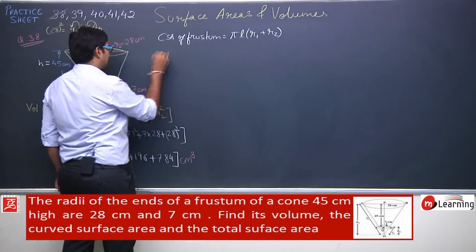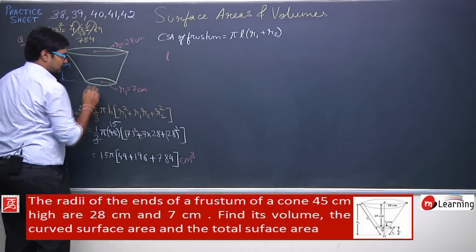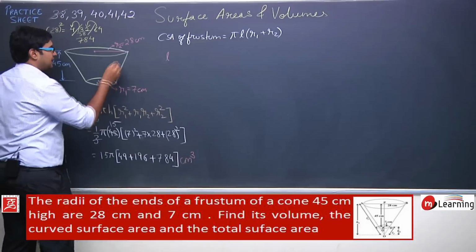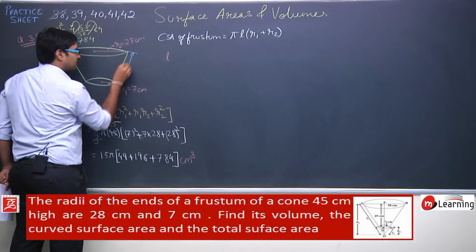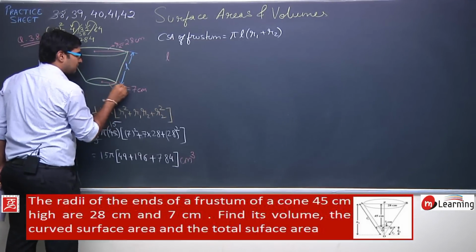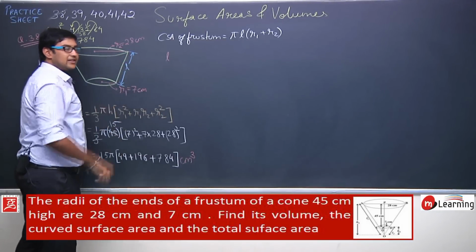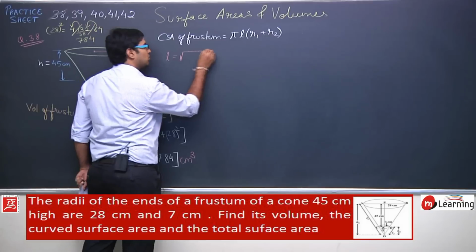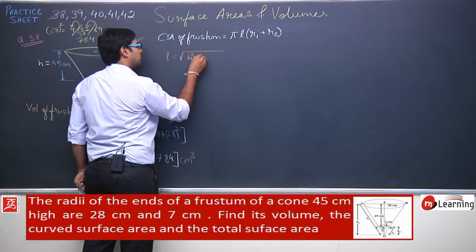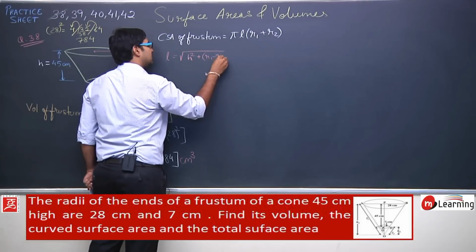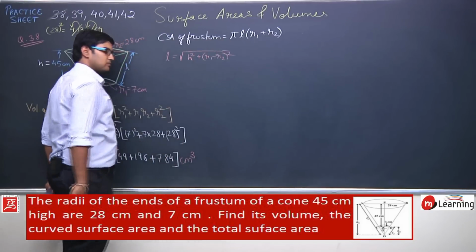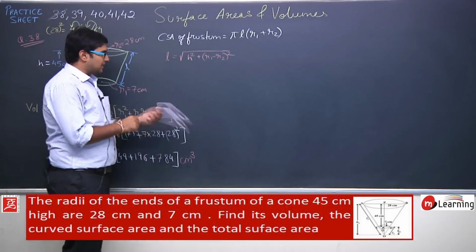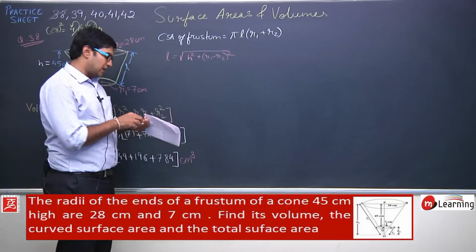L is the slant height. Let us mark this slant height here. This represents L. The formula for slant height is the square root of h square plus r1 minus r2 whole square. From here I will calculate the value of L.